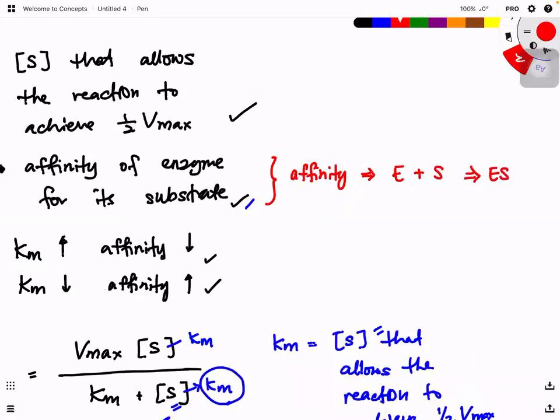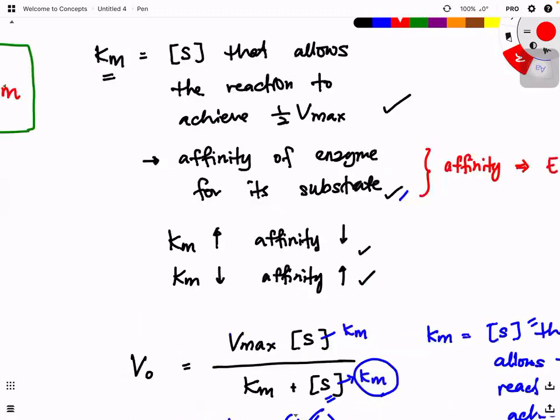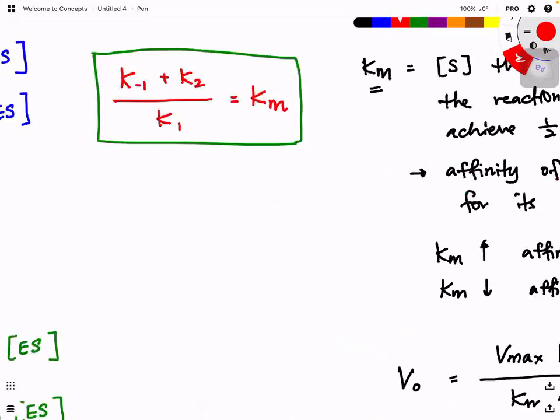Understand this concept first, affinity. If you like something, you want to be together, right? If you like your handbag, you always want to carry the handbag out, right? So it means that high affinity basically means that you want to form more ES complex. Then look at this equation now.